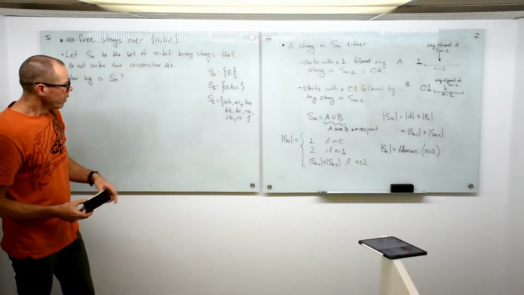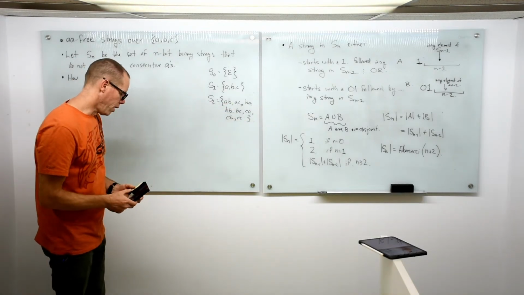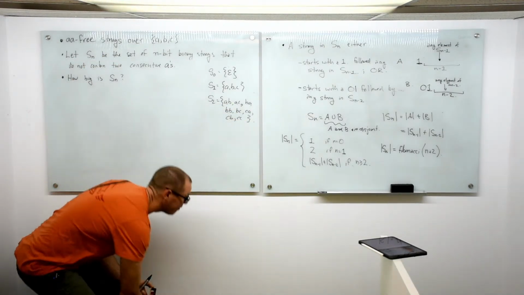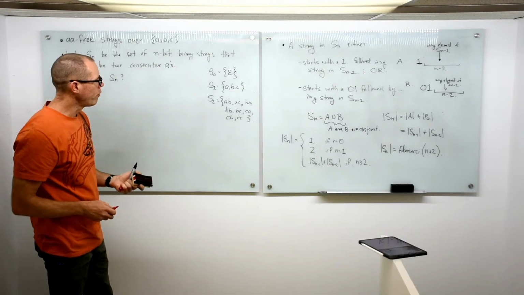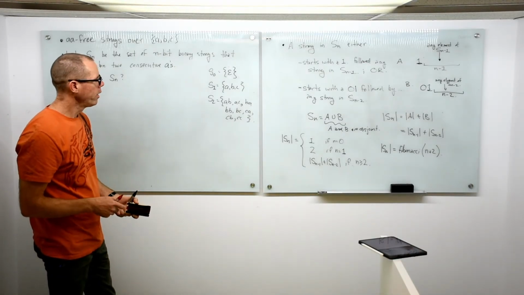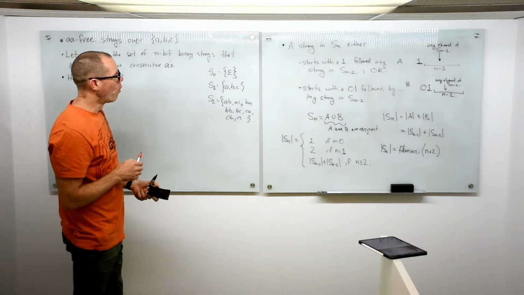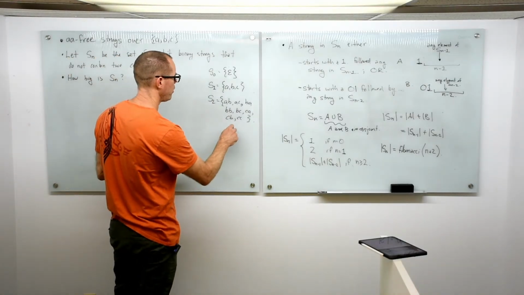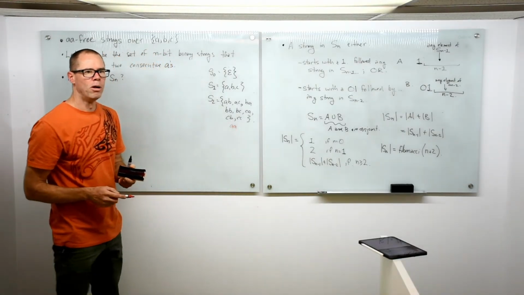Okay. Right. The number of strings of length 2 over a 3-letter alphabet is 3 squared, which is 9. But in this particular set, one of those 9 strings is missing. The missing string is the AA.